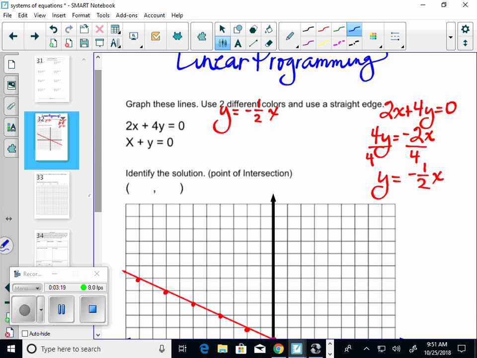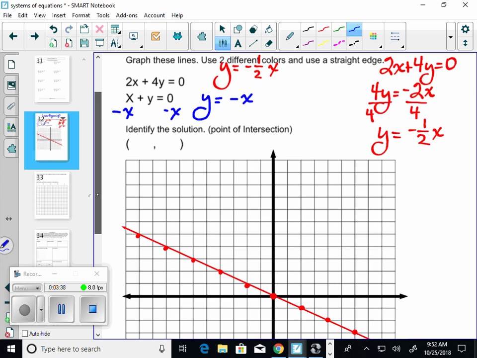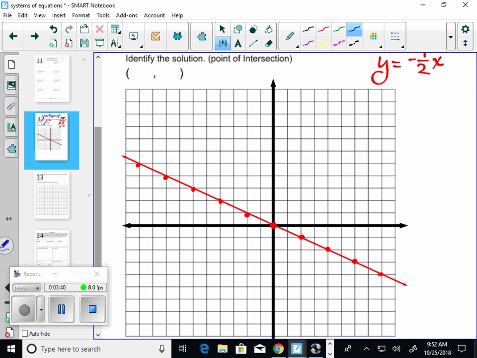Is that second equation in the right form? No, it needs to be in y equals. This one's pretty easy to move, right? All I need to do is subtract an x from both sides. So this is y is equal to negative x. Would you agree? Yes. What is your y-intercept? 0. So I start this new line at 0 again.